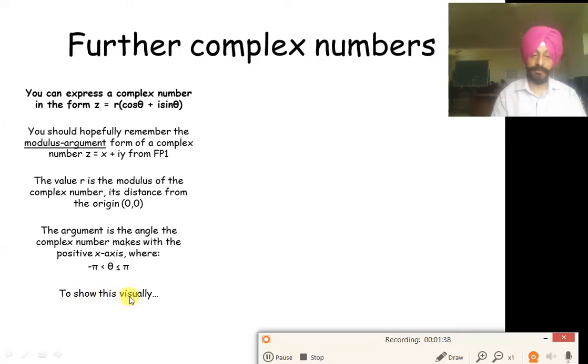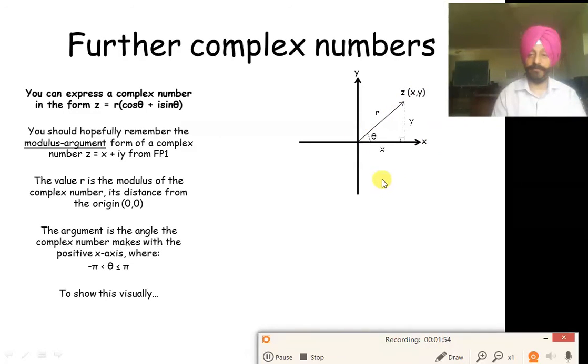So to show this visually, this is the x axis, this is the y axis. X means real value and y means imaginary value. So here z is (x, y), and if we represent this as r, drawing a perpendicular from z, we get x and y, and this is theta.